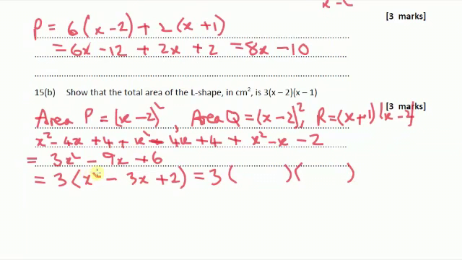To get x squared, I've got to have x and x, so x in the first bracket, x in the second bracket. And to get positive 2, I can only have 2 and 1 with negative signs in front, and that gives me the expression I wanted, and it's also the one which I was asked to show at the beginning of the question there.